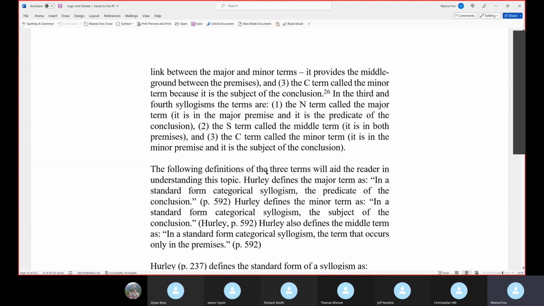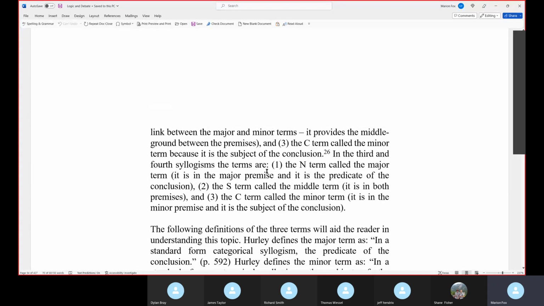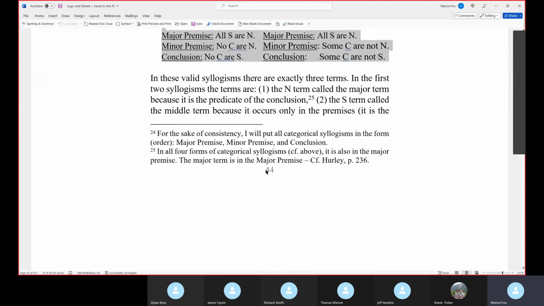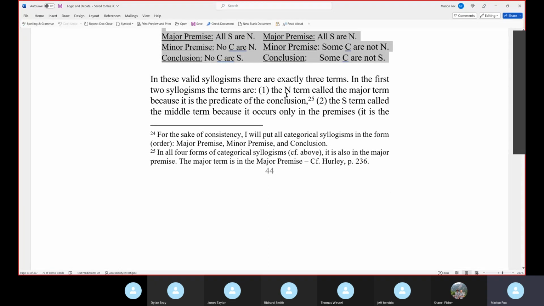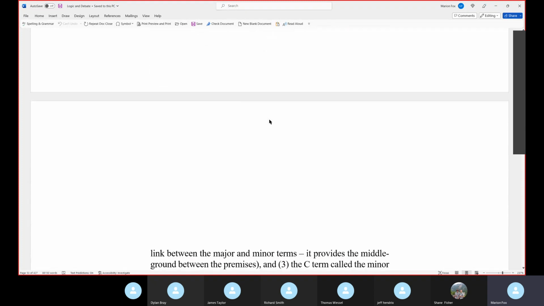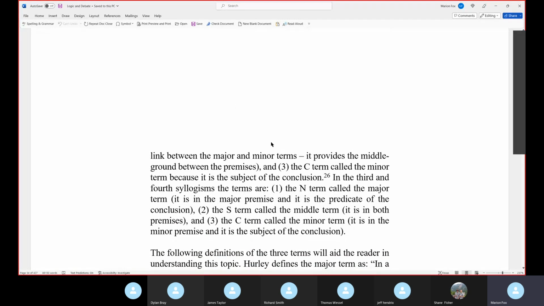A categorical syllogism has 3 terms in it: a major term, a middle term, and a minor term. We'll go back and be looking at them. We're going to look at some things that are called syllogisms, and I'm going to be asking you what the major and minor and all these terms are.